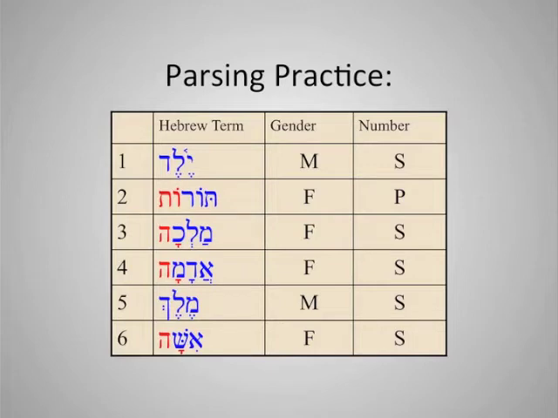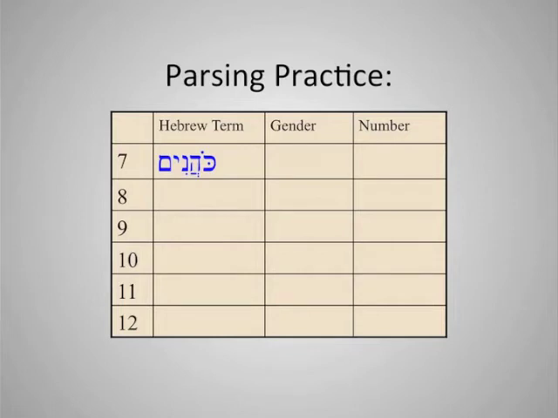Some of these other nouns, however, such as number 4, adama, means ground, and it happens to be feminine singular. Again, we wouldn't know instinctively that ground is a feminine gender, but the kametz hey on the end helps us to see that it is being marked as feminine singular. And indeed, if you looked up adama in a lexicon, you would also see the letter F next to it to tell us that it's feminine.